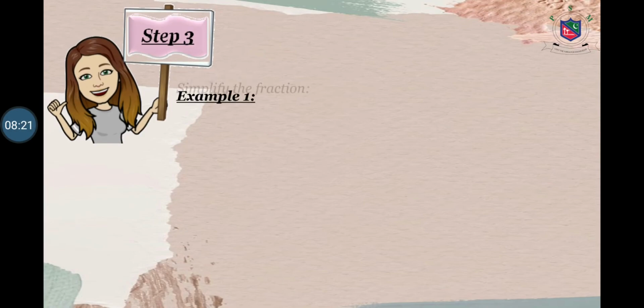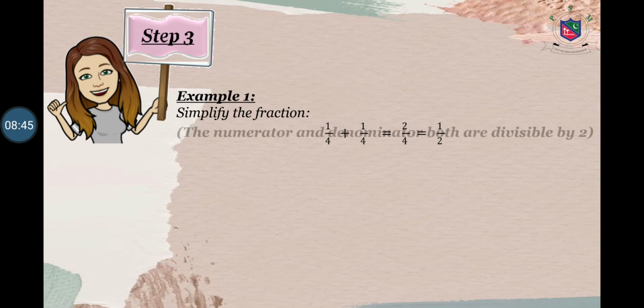In the third step, we need to simplify the fraction. After adding in the first example, we get 2 upon 4 and we can easily simplify it because the number 2 can divide the numerator and denominator both. So finally we get 1 upon 2.